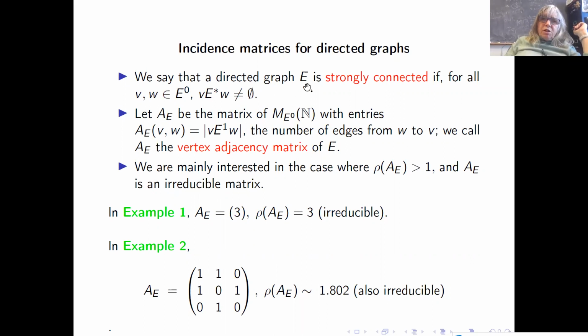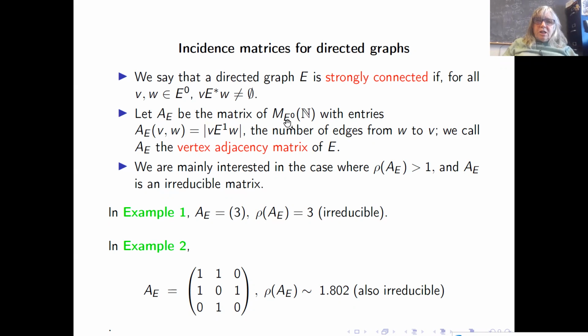Now we say a directed graph is strongly connected if, for V and W vertices, you can always connect V and W by a finite path, such that the source of the path is W and the range of the path is V. And then we have the so-called vertex adjacency matrix of E. That gives a ton of information about your graph.